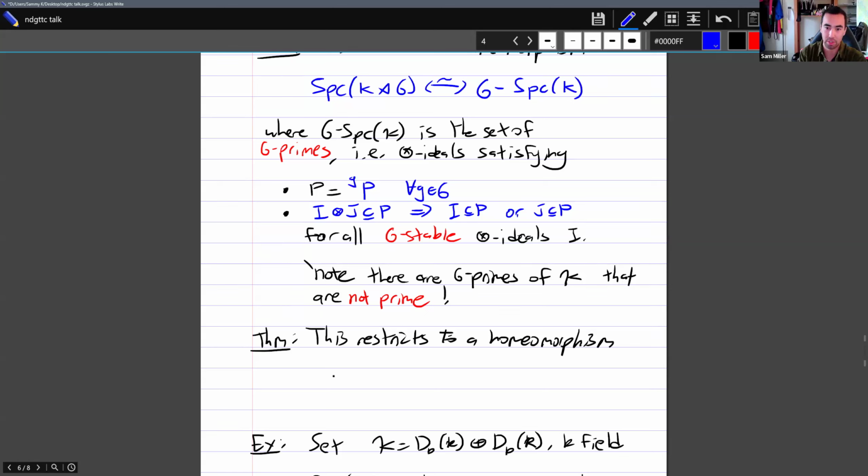So this actually restricts to another homeomorphism between spec CP of K cross G and G spec CP of K. And so in this case, we may have that a G prime is not necessarily a prime, but every G complete prime is indeed a complete prime.